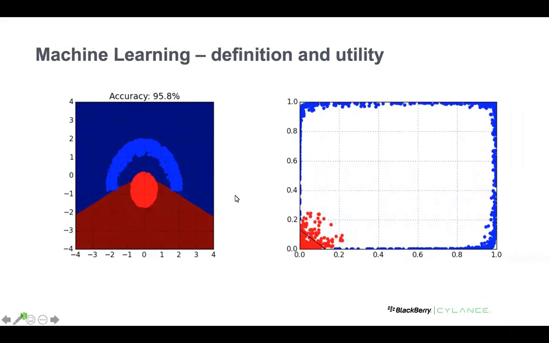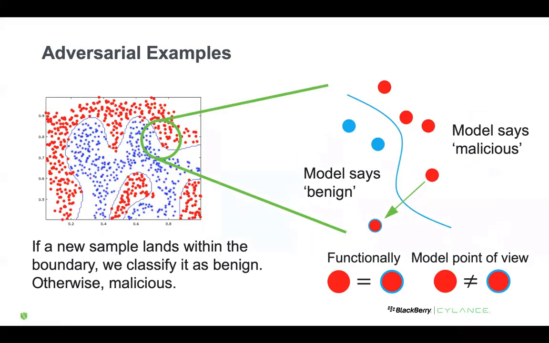Okay. So now let's assume we have a trained model. We're looking at our picture here on the left, where the red dots represent our malicious files, the blue dots represent our benign files, and the model is really represented by this nonlinear decision boundary. Again, we classify a new sample as benign or malicious depending on which side of the decision boundary it falls.